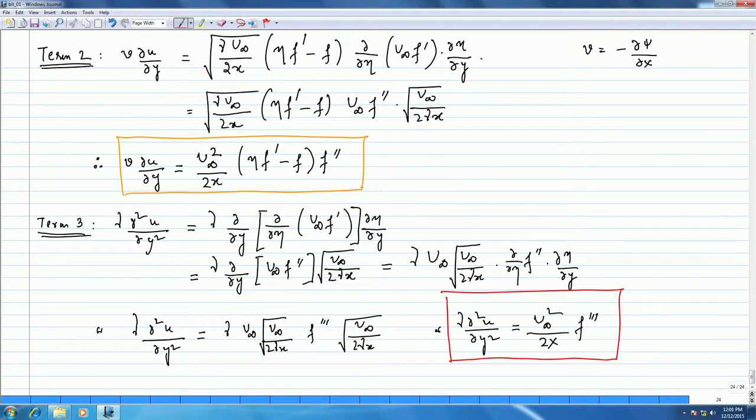Now, I have this, see, this is the important part here, the v term. I do have the working out of this velocity term.